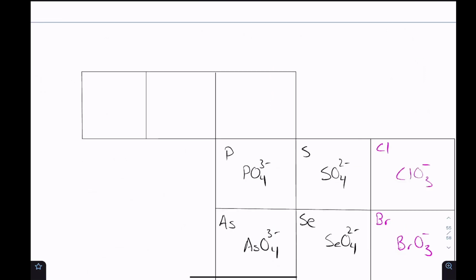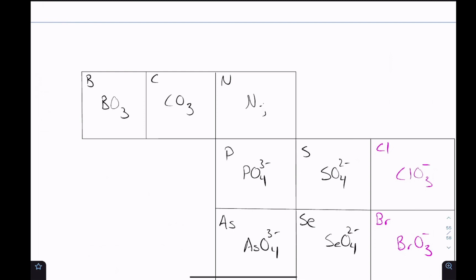So what elements are these? Boron, carbon, nitrogen. Now, these ones buck the trend a little bit. But again, it's another group of 3, so how many oxygens? 3. So this is borate, carbonate, nitrate.